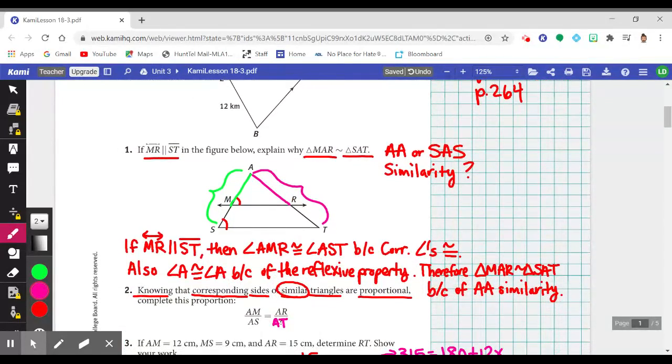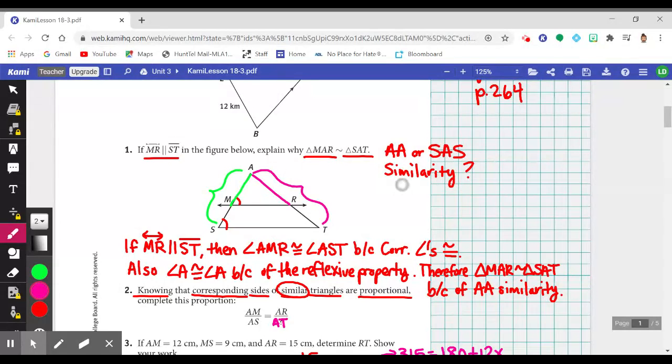So they tell us that MR, that line, is parallel to ST. Well, anytime we introduce parallel lines into a diagram, we have to wonder, are they trying to tell us that corresponding angles are congruent, alternate interior angles are congruent, same side interior angles are supplementary? Any of those we learned with our parallel lines might come into play.